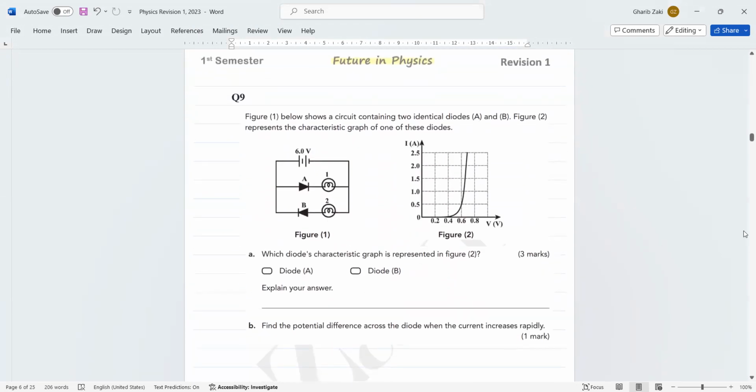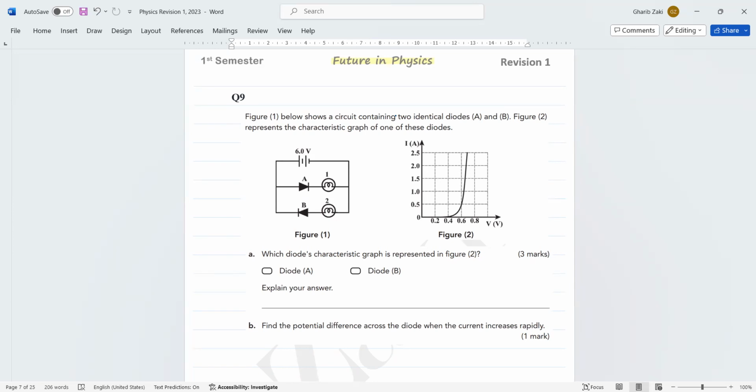Start please to solve question number 9. I think it's an easy question for you. Figure 1 shows a circuit containing two identical diodes, A and B. Remember, the diode allows the current to pass through in one direction, from positive to negative. Which diode is represented in figure 2?